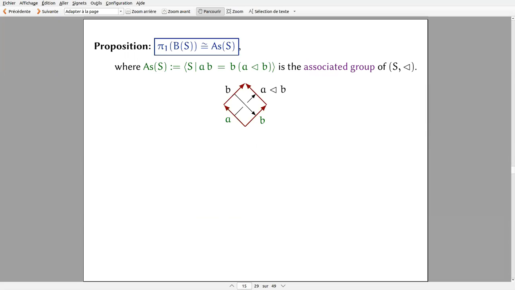So on the theoretical side, this complex is nice for explaining the relation between a rack and its associated group. The associated group is given by generators and relations.